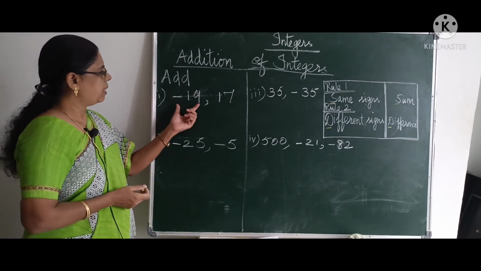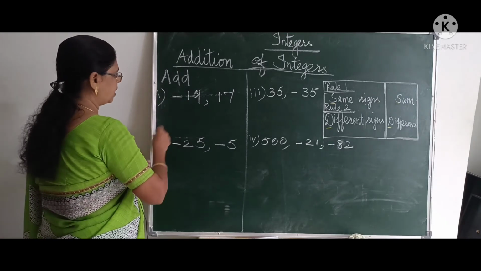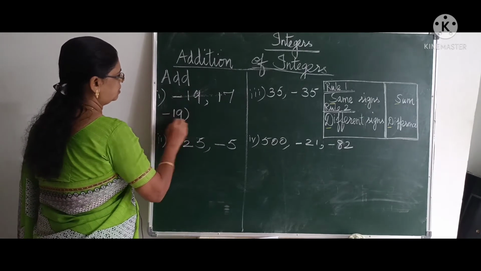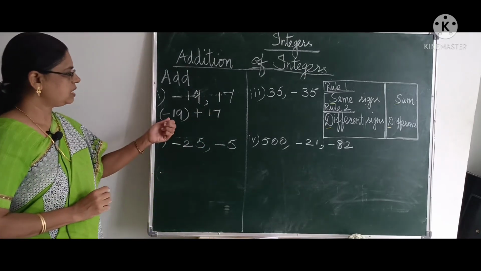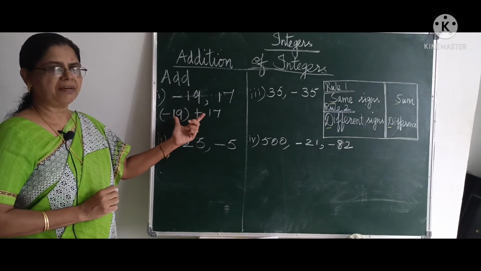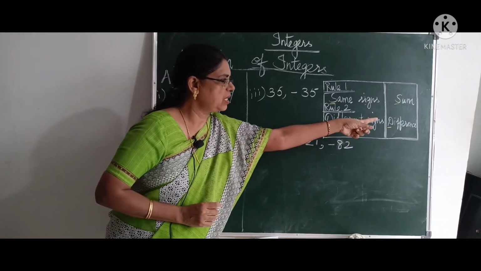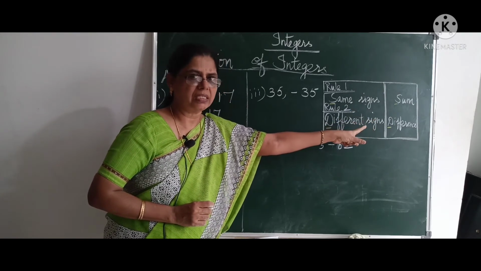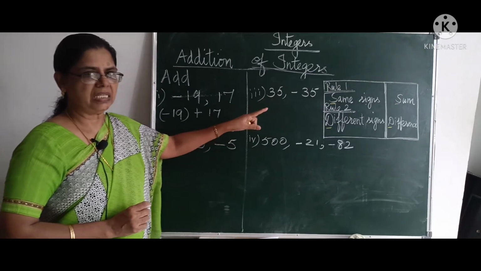Okay, here minus 19 and 17. We are going to add minus 19 and 17. Here one is negative and one is positive. That means the integers have different signs. When the integers have different signs, you have to find out the difference and put the sign of the greater integer.